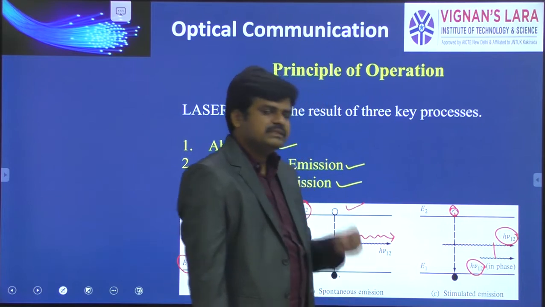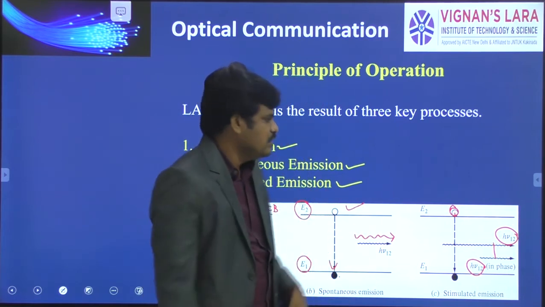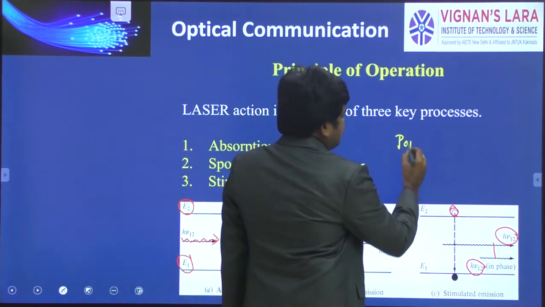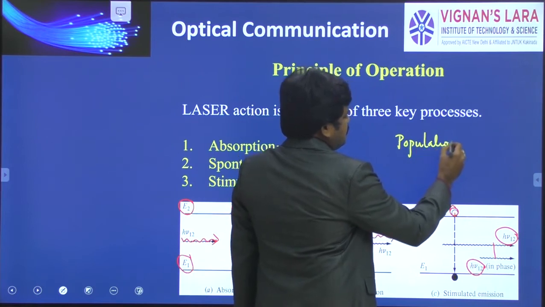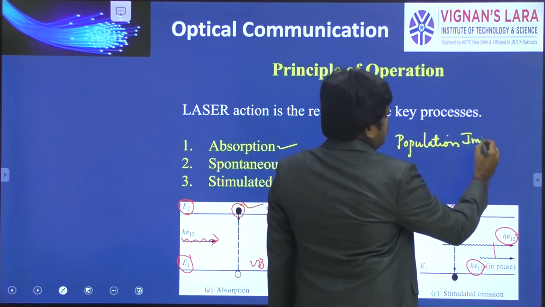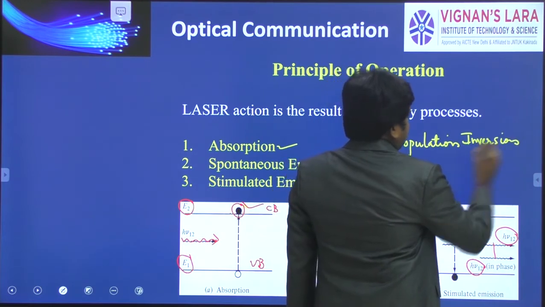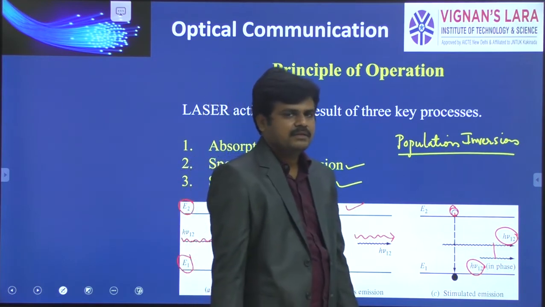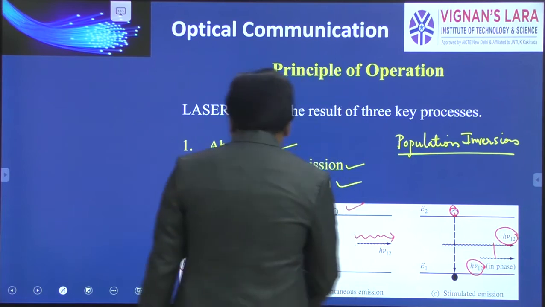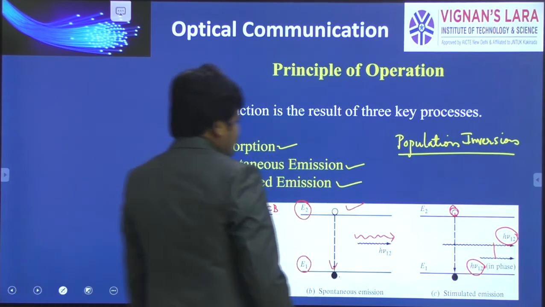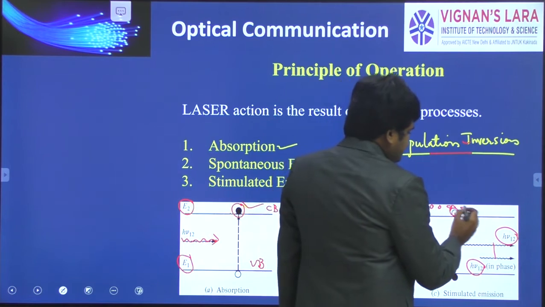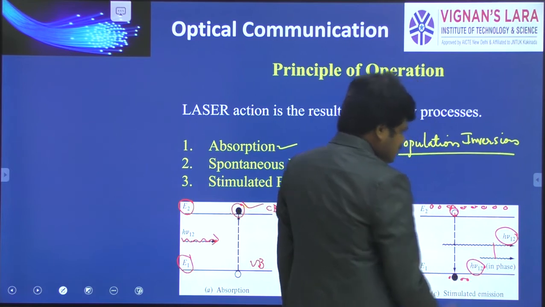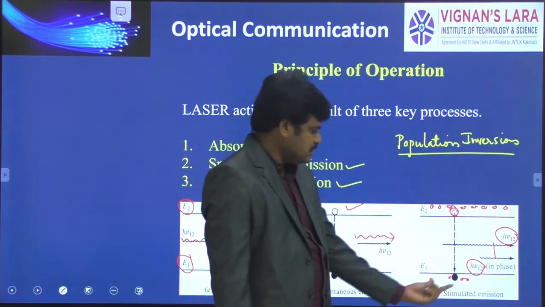Actually, there is a condition called population inversion. What is population inversion? Population inversion is the condition where the number of electrons in the conduction band is greater than in the valence band.